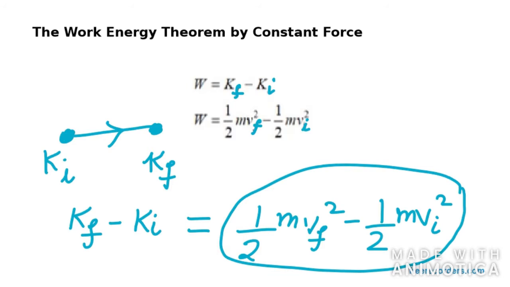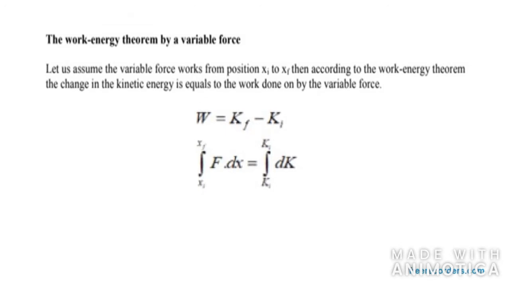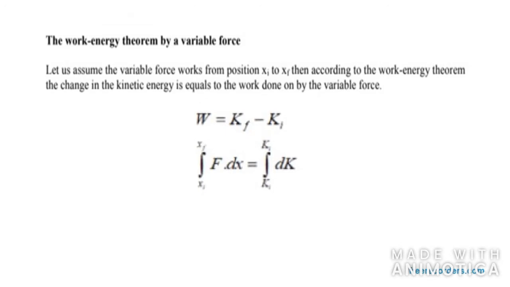The next one, we have the work energy theorem by a variable force. In the last one it was a constant force, and in this one we have a variable force. So whenever we have a variable force, we take integration into account. This is xi, xf, and Ki, Kf.